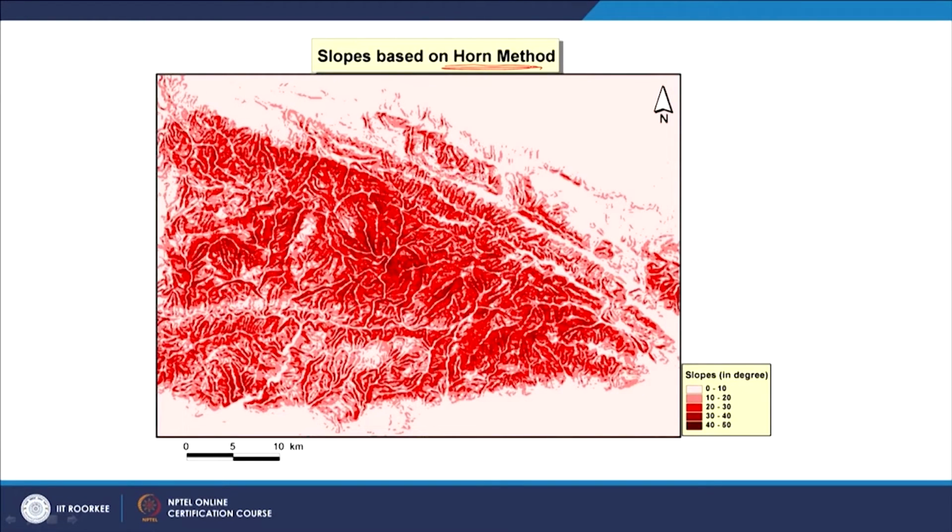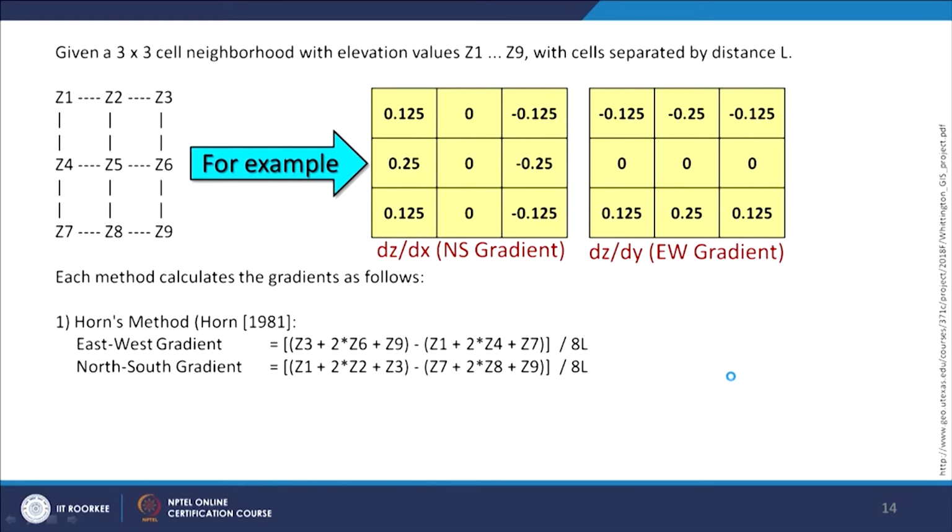There is one, the Horn method, and slopes can also be calculated in percentage, like here it is in degrees. Now what is in the Horn method is that these are my 3 by 3 cells, given in this example as Z1, Z2, Z3 and so on.